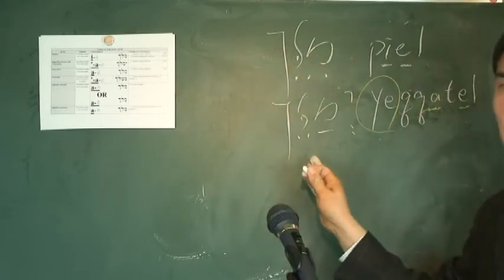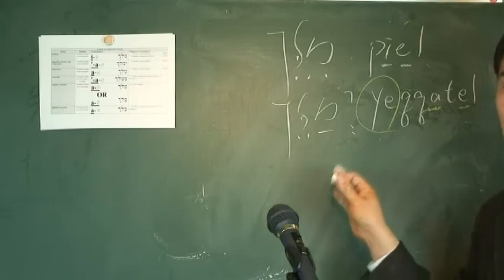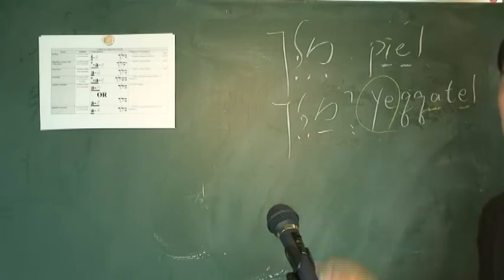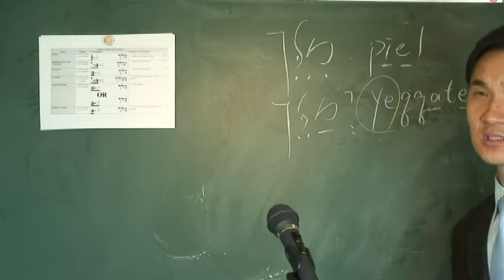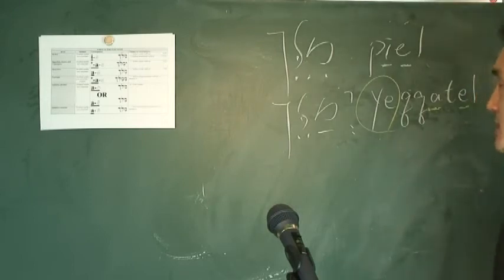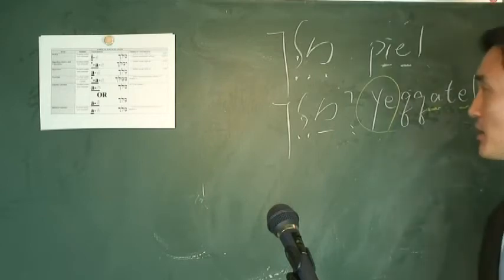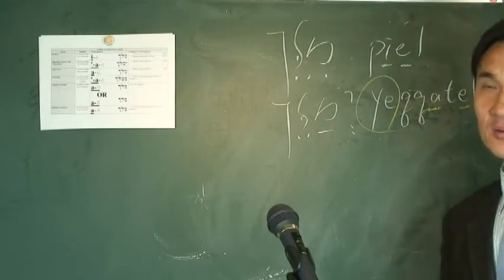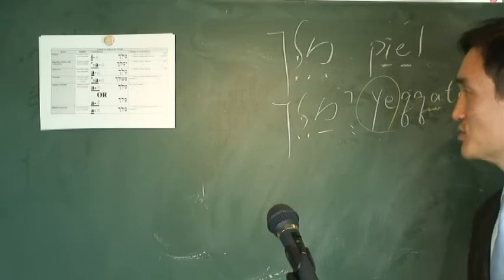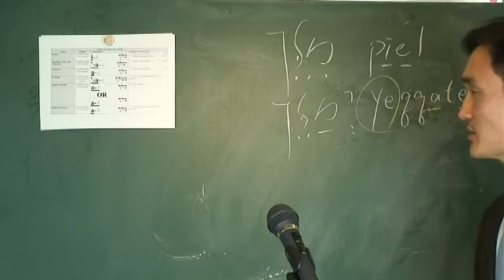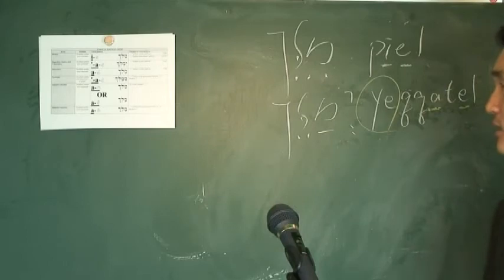We used blank a, ta, tu, ti, u, tem, ten, nu to find the perfect form of PL or Yekatel. We used yi, ti, yi, alep, yi, wu, ti, na, ti, wu, ti, na, ni to find the imperfect form.